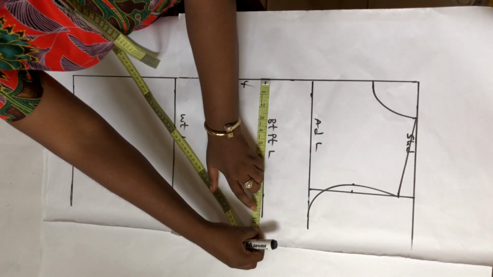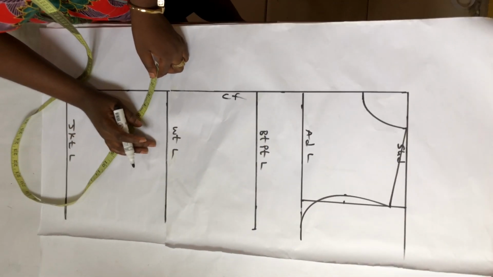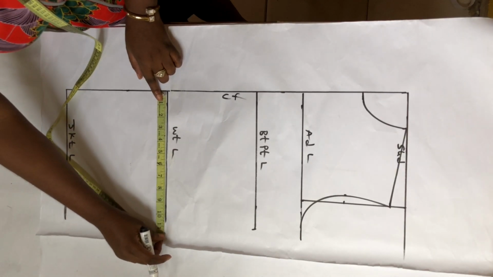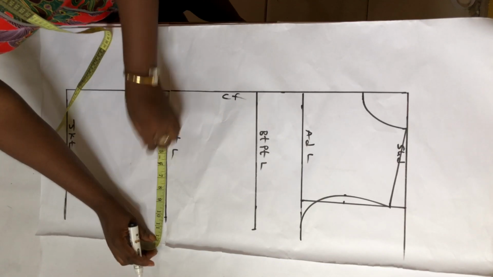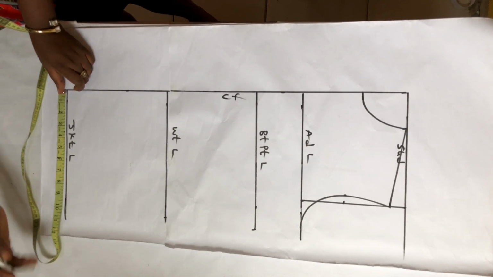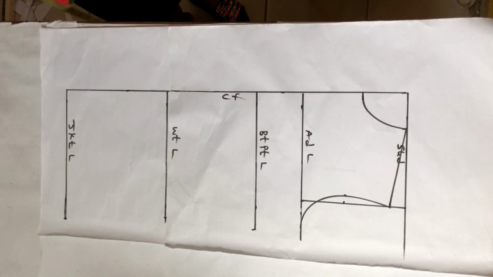On my bust point length line, I'm going to get my bust measurement, which is 10.625. Then my waist measurement, which is 10.125. Then I'm going to get my hip measurement, which is 11 inches.